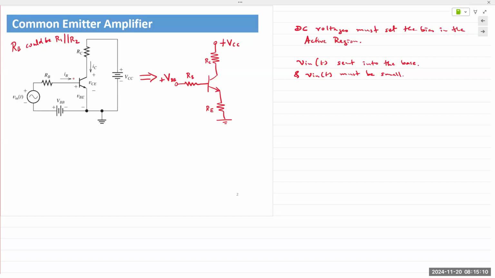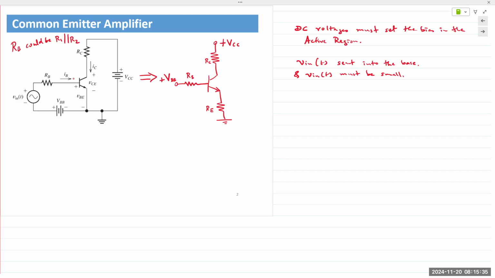Another reason for that is we will look at small signal analysis. Okay. So when we say the input must be small, that is one reason. The other thing is BJTs, diodes, MOSFETs, FETs, they're all nonlinear devices. But we apply linear circuit analysis techniques to these nonlinear devices.